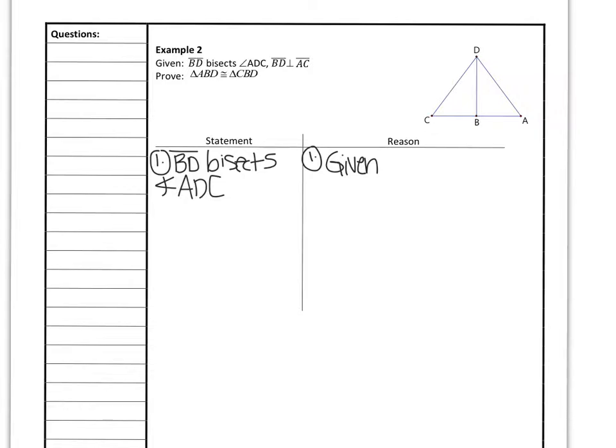So if I know that it's bisecting angle ADC, one thing that we can do is highlight that angle, ADC, so from A to D to C, is the angle that's being cut in half by the segment bisector, BD. So what happens when you bisect something? Well, it does what exactly I just said. It cuts it in half. So it's going to bisect or cut the angle in half.